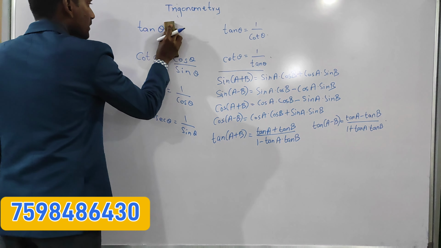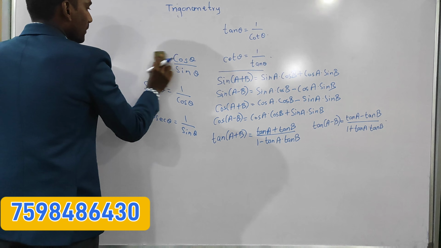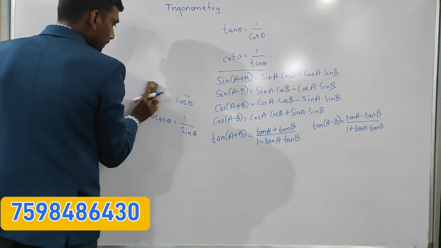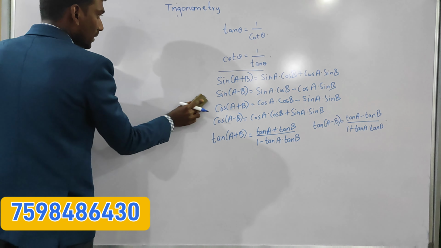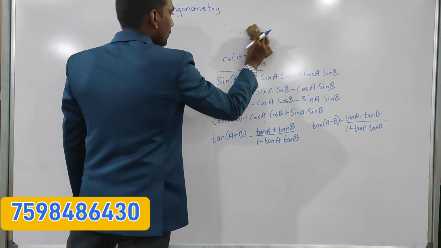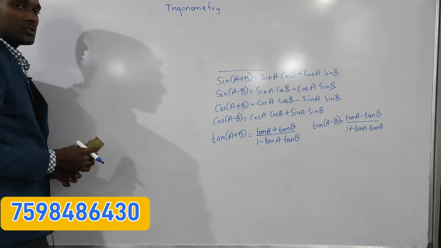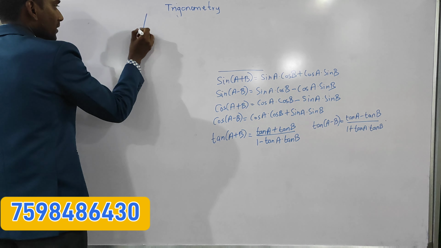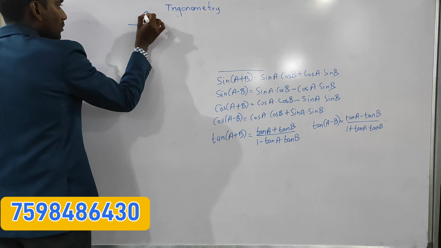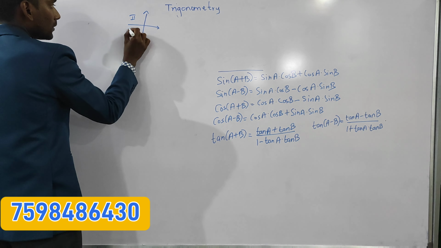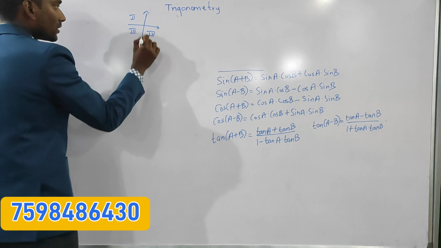Now, after this, what happens if you talk about the elementary trigonometry, that is in your 10th standard level trigonometry, you have all the angles which are less than 90 degree. Okay, that means you can say acute angle. Imagine if I draw a quadrant, this is first quadrant, this is second quadrant, third quadrant and the fourth quadrant.